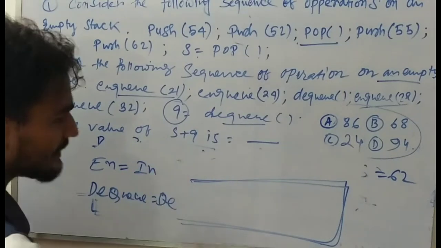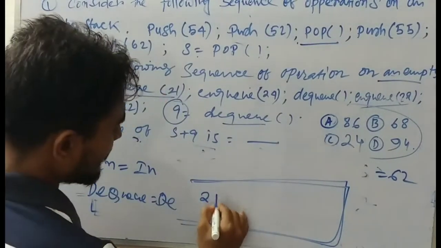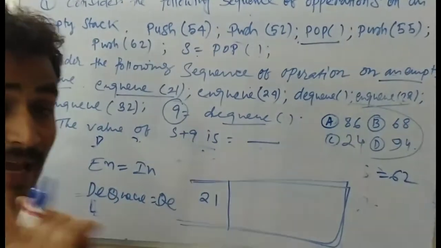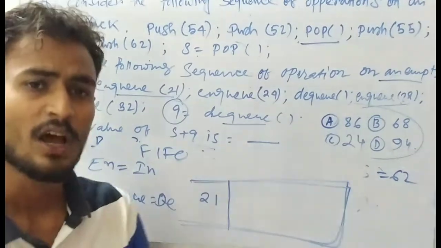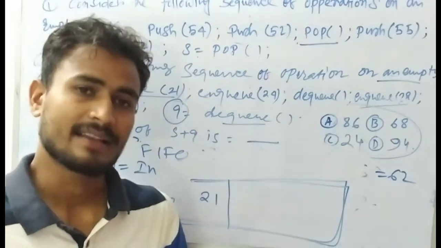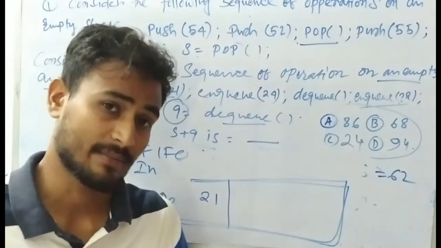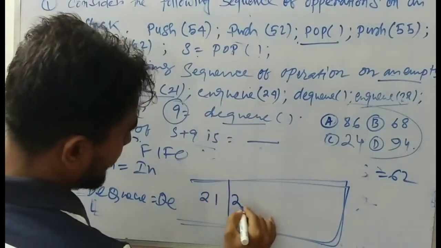First, NQ 21. So 21 is inserted first, and the queue is maintained by the FIFO technique. FIFO means the element inserted first is the one that comes out first. Then NQ 24.